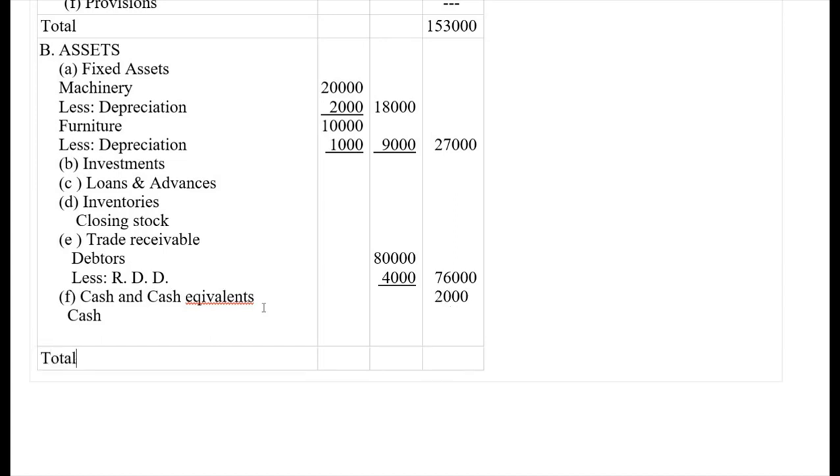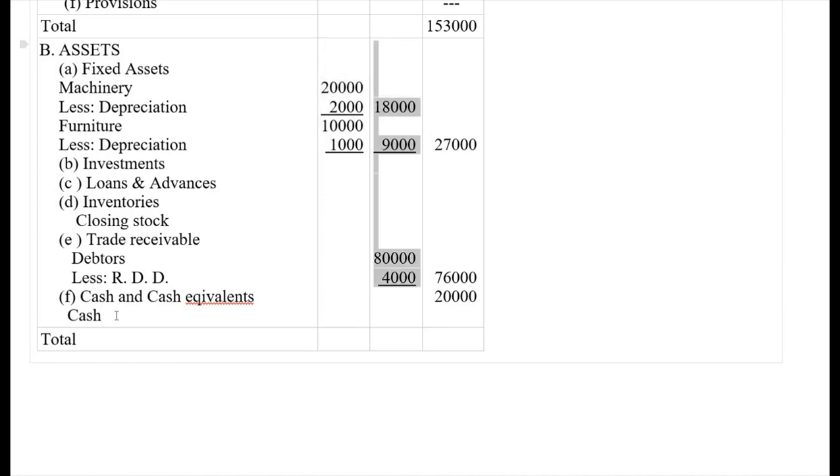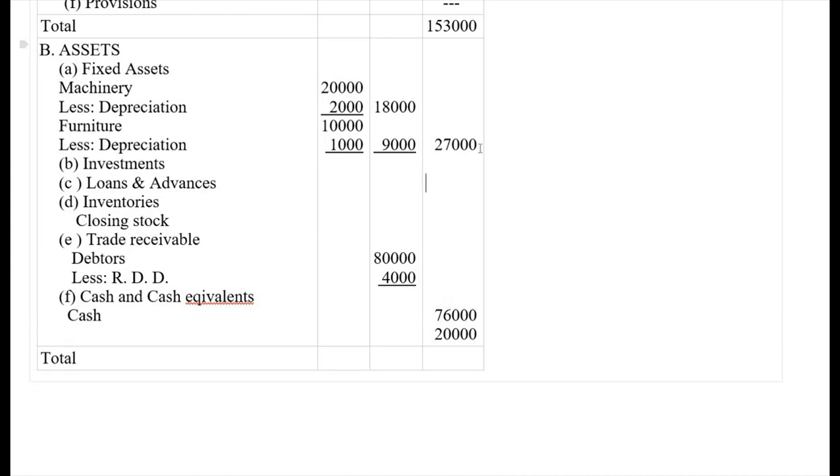So the total, now let us check here. This is 20,000. So the total will be now 7 plus 6, 13, carry 1, 7 plus 10, 10 plus 12. I think we missed one more here. Closing stock we should provide here.